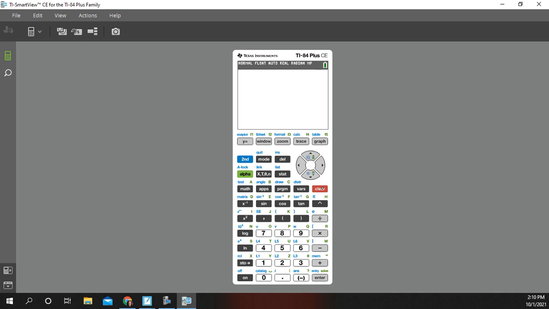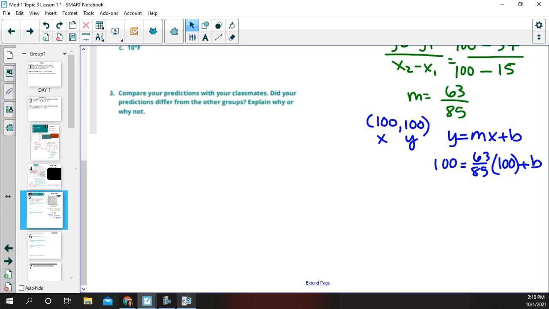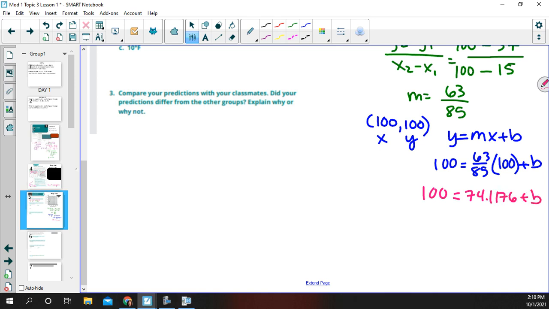I actually prefer, if you have fractions, to put the fractions in parentheses to say they're together. Then I could use the parentheses again, or I could do times 100. I think I prefer that better. Anytime you have a fraction, put it in parentheses. If all else fails, it will save you a lot of time. So 74.1176. Okay, so I'm going to subtract that over.